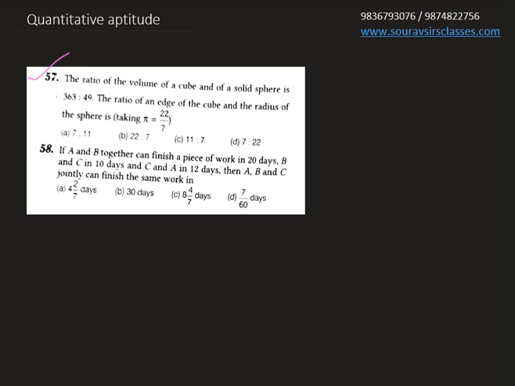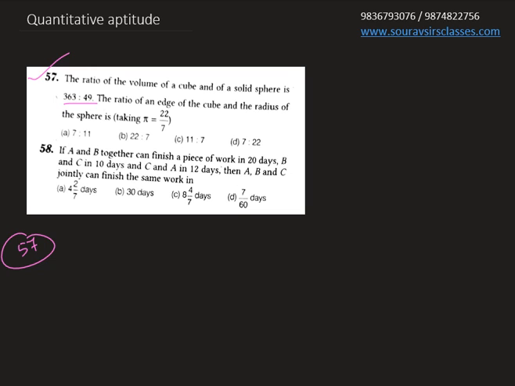So let's start with the first problem. The ratio of the volume of a cube and of a solid sphere is 363 is to 49. Now we need to find the ratio of an edge of the cube and the radius of the sphere. Okay.